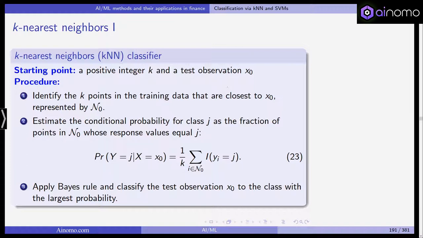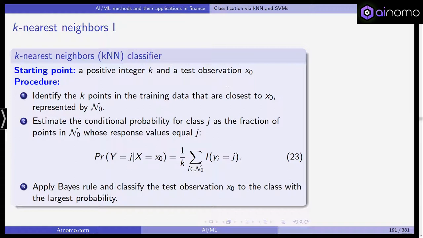You take the observation x0, you look at the k, for example, the 3 closest neighboring points, and you see, for example, if we have a 5 nearest neighbor classifier, and we observe that the 5 nearest points to a test observation are such that 1 belongs to the class and 4 do not belong to this class, then it's 1 out of 5, and this is our estimated conditional probability for class j.